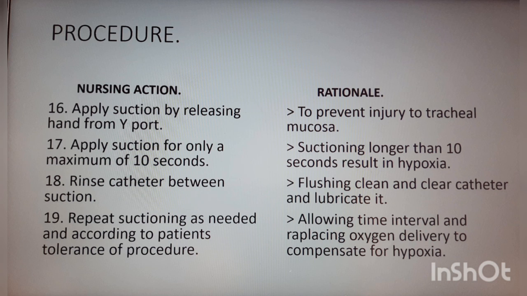Allow the patient to rest at least 1 minute between suctioning and replace the oxygen delivery setup if necessary. No more than 4 suction passes should be made per suctioning episode. Allowing a time interval and replacing the oxygen delivery setup helps compensate for hypoxia induced by the previous suctioning. Irritation from multiple suctioning results in an increased amount of secretions.